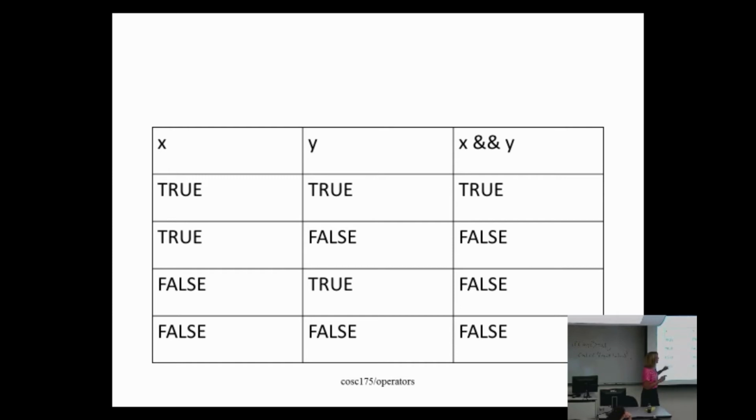So the only time we get a true in an and is what? Both of the conditions are true. Every single other one is false. So in an and, just like in English, both conditions must be met in order for the whole condition to be true. Okay?